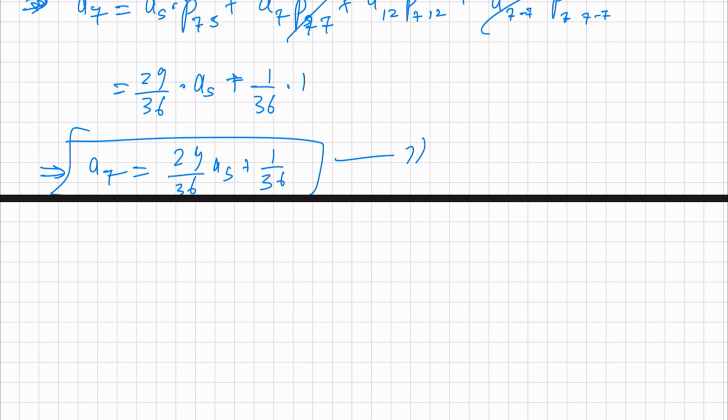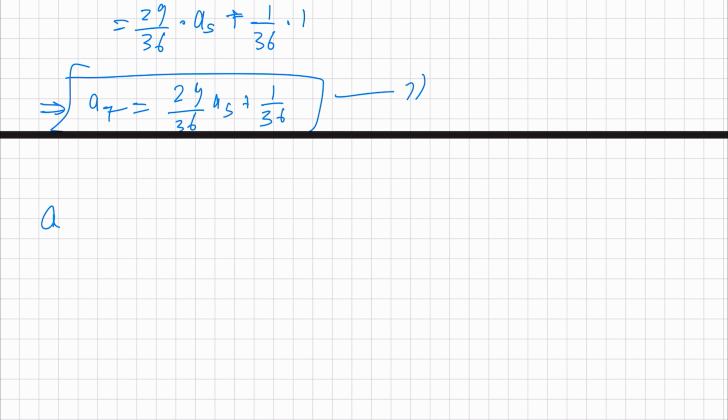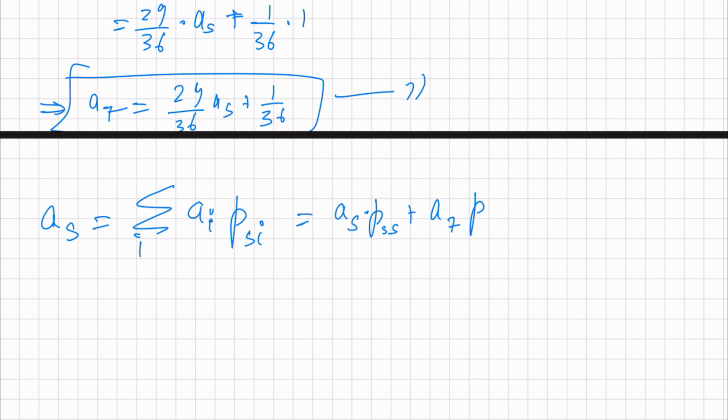Similarly, for the second transient state, we write the second equation, which is AS equals sigma AI times probability of SI, right? If you expand this, this becomes equal to AS times probability of SS plus A7 times probability of S7 plus A12 times probability of S12 plus A77 times probability of S77.